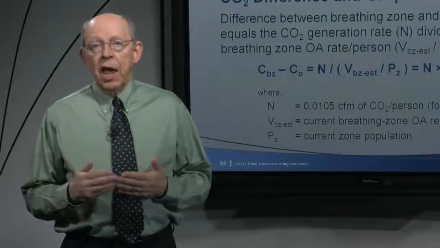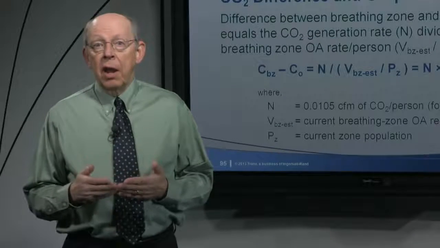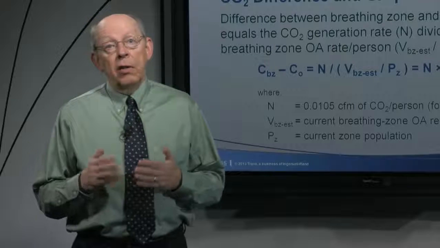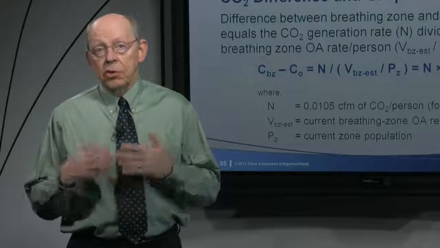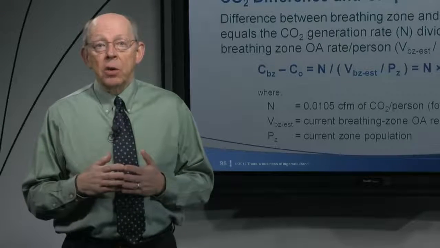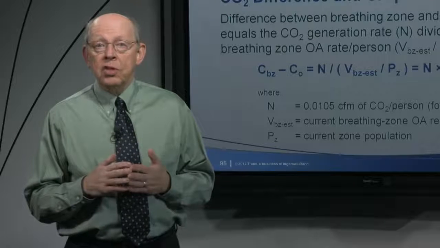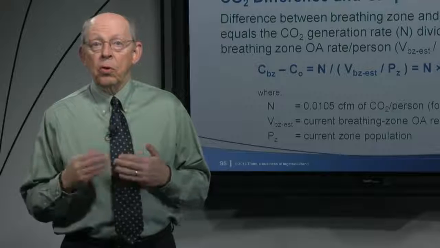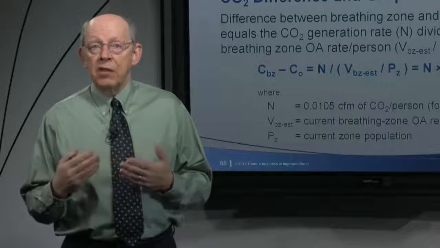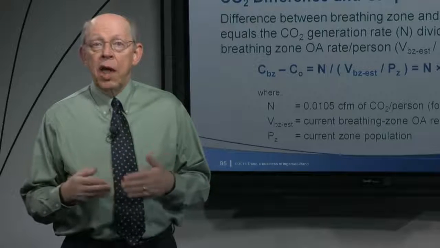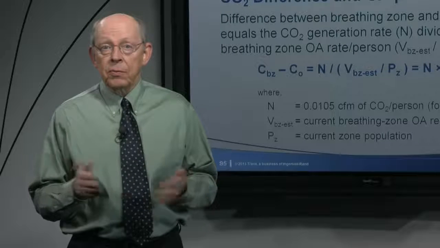Both population and required outdoor airflow rate are unknown, but they are related by the CO2 generation rate. So a simple controller based on this relationship can be used to estimate the current breathing zone outdoor airflow required based on the difference between zone and outdoor air CO2 levels.